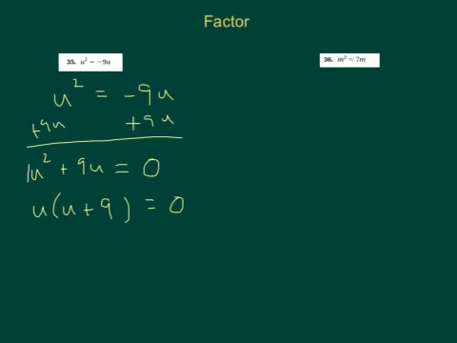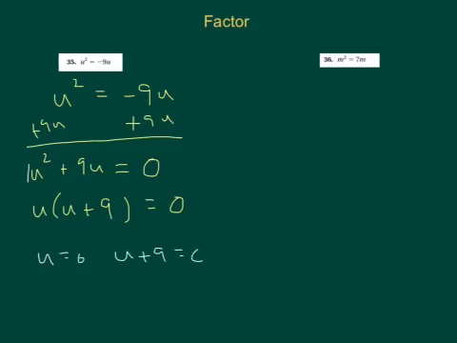Now what we're going to do is take into consideration what we just discussed in our zero product property. And I have u times (u plus 9) equals 0. So u is equal to 0, or u plus 9 is equal to 0.